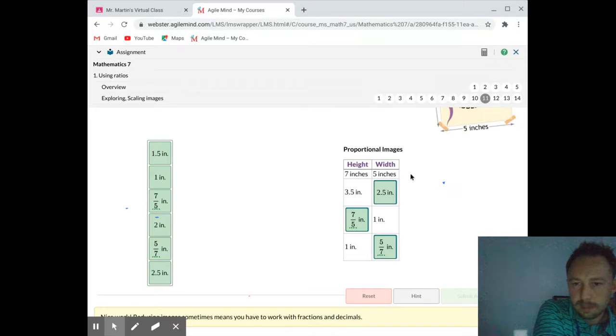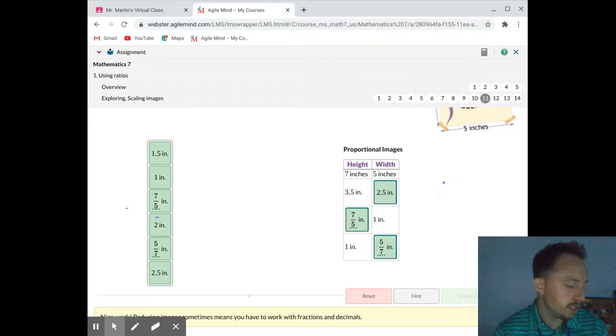Okay. So what if I would have said 5 divided by 1 equals 1? Would that have given us the right answer? No. All right. Because that would have made us do 5 times 5 and got 25. Wouldn't that have been wrong? So why is it important to use the correct order to divide so that we find the scale factor? Because if you don't, you'll get a different answer. Yeah, we're going to get the wrong answer.